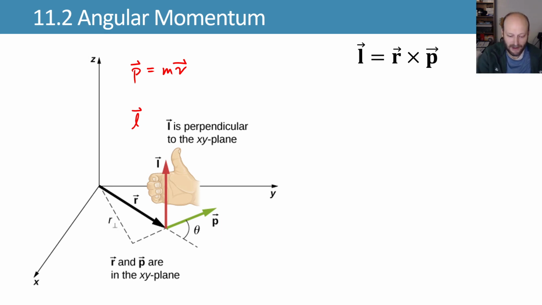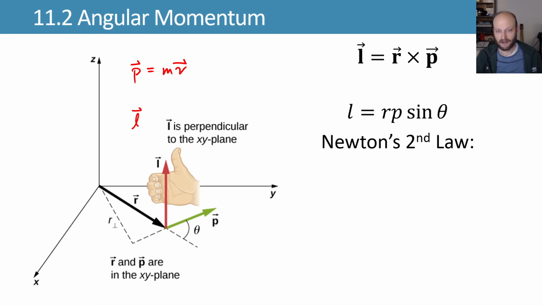You can remember it's L for angular momentum because angular. Does that help? In any case, we have L is r cross p, which is rp sine theta. Newton's second law then, written for angular momentum, is going to be that the sum of the torques is equal to dL/dt.